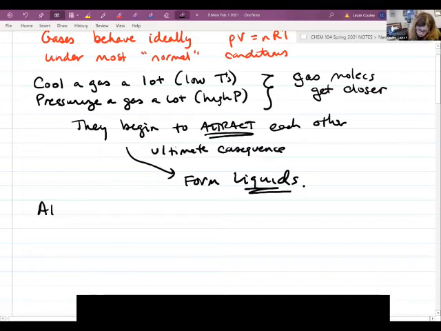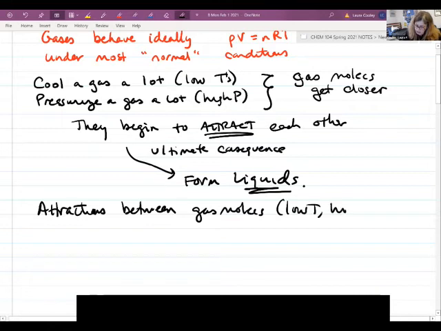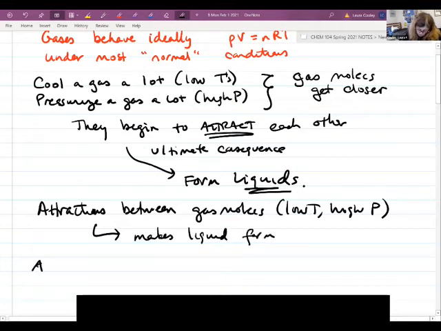So attractions between gas molecules at low temperature and high pressure is what makes liquids form, but also these attractions are responsible for liquid properties.